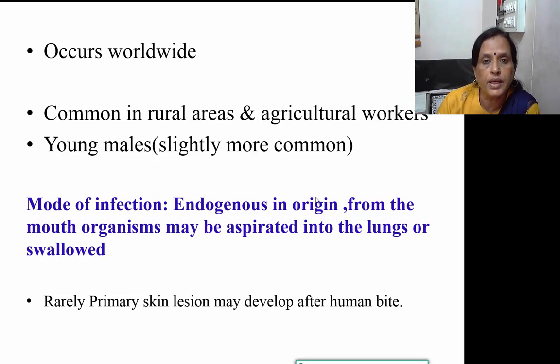This, I told you, has a worldwide distribution, common in rural areas, agricultural workers and young males, probably because they work more. So, mode of infection. One thing you have learnt is they're opportunistic, then endogenous in origin.